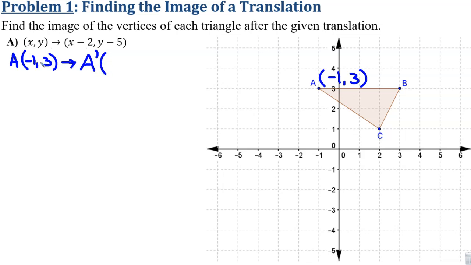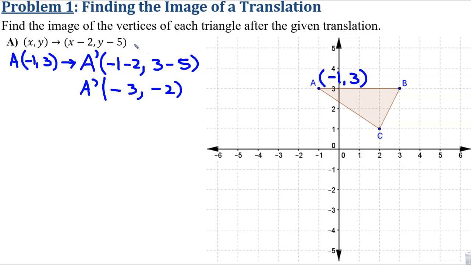And we'll take that x coordinate -1 and subtract 2 from it. So -1 minus 2. And then the y coordinate of 3, we're going to subtract 5. And just doing that math, -1 minus 2 is -3. And 3 minus 5 would be -2.